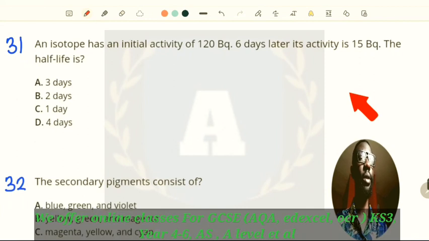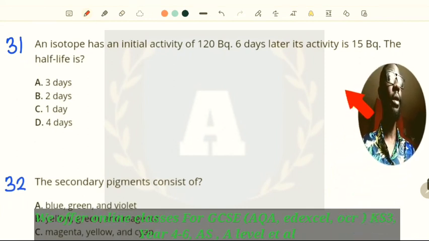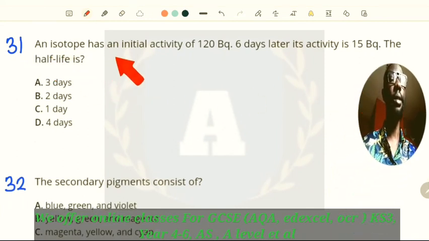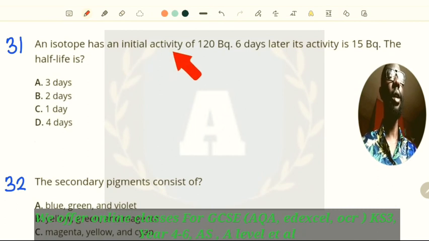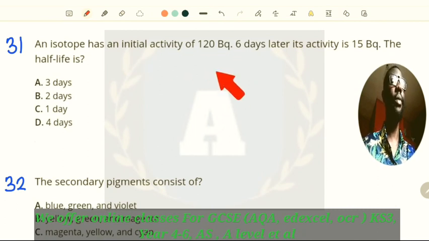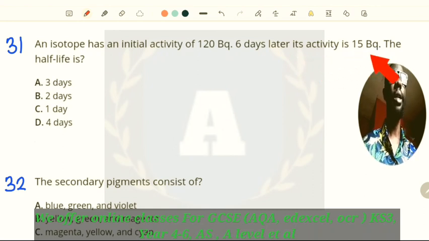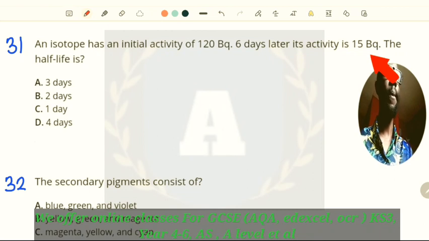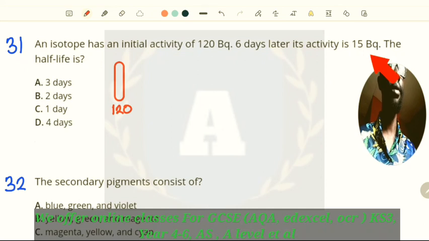Now this question here on radioactivity says an isotope has an initial activity of 120 becquerel. 6 days later, its activity is 15 becquerel. The half-life is? So the isotope initially has 120 becquerel, that's the initial activity.